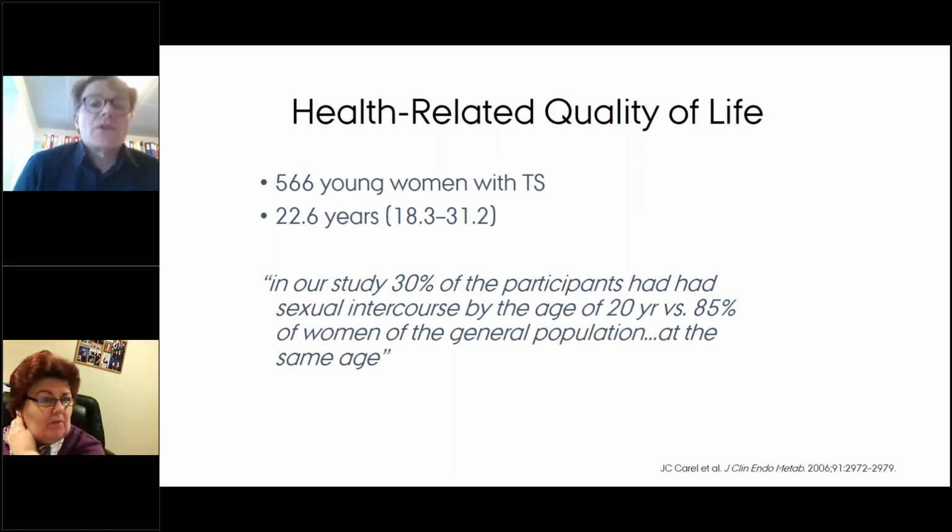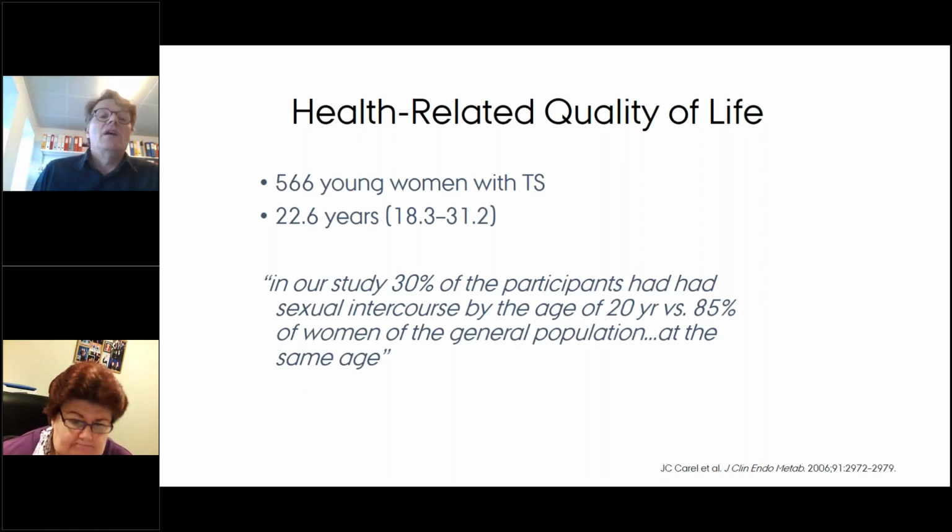Quality of life is also an important issue in Turner syndrome. This is a French study of young women with Turner syndrome, and in this study they noted that very few, only about 30%, had sexual intercourse by the age of 20 years versus 85% in the general French population at the same age.